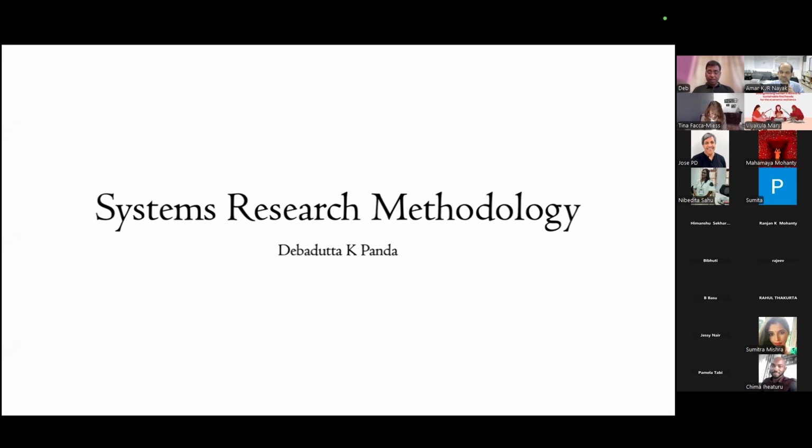Systems thinking, or the systems approach, is when you look at all these elements working in tandem, and then we get a result. That's called a system. Instead of looking at a part of the system, when you look at the entire system, how they work together is called the systems approach.